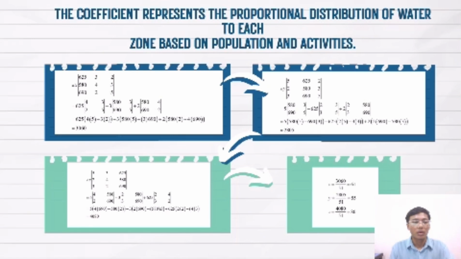After that, we need to do these steps. We need to find the matrix, 3 matrix. And how to find it?